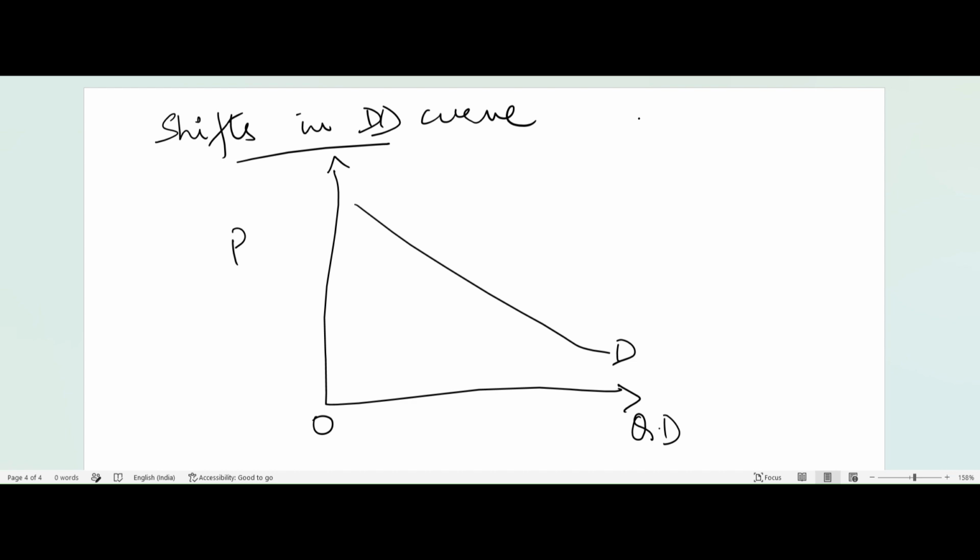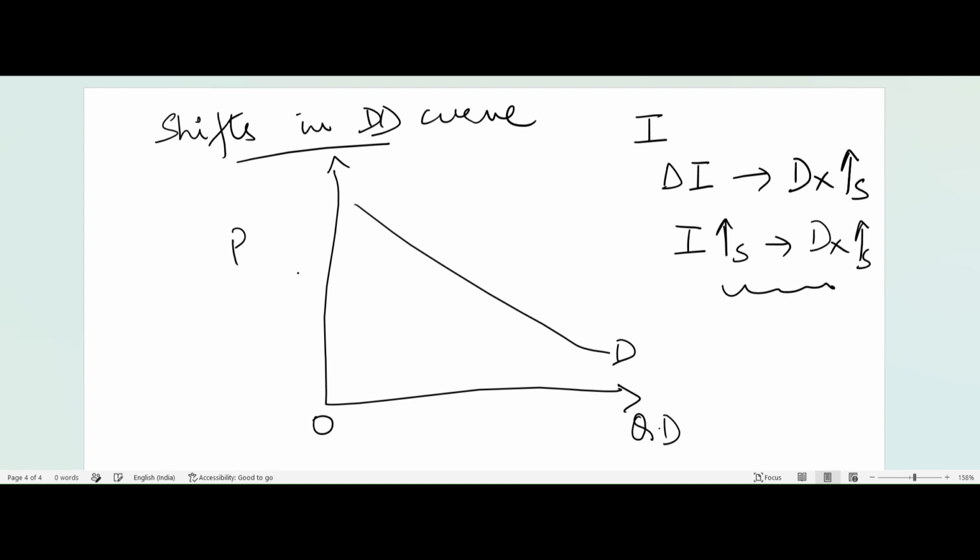So let's say I'm talking about a factor, income. I'm saying that my income changes and the demand for the product also changes. Let's say it increases. So let's have a positive relationship. If income increases, then let's say the demand for a product also increases. If I have to plot this on a price quantity demanded graph, how will I do that? Since the price is constant in this, I will just show the increase in the demand by moving my demand curve towards the right.